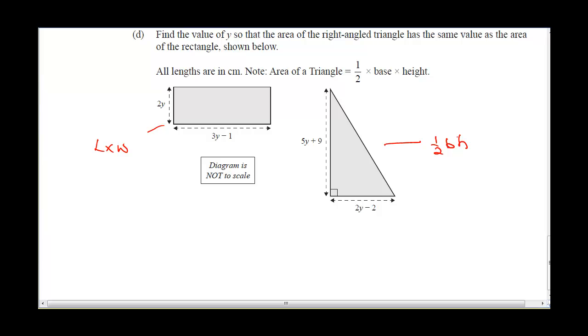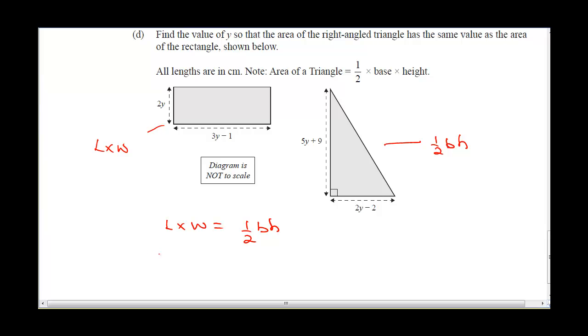Now, the question says we should find y such that the two areas are equal. So find the value of y so that the area of the right angle triangle has the same value as the area of the rectangle. Now, for the rectangle, it's going to be length times width is equal to half times base times height.